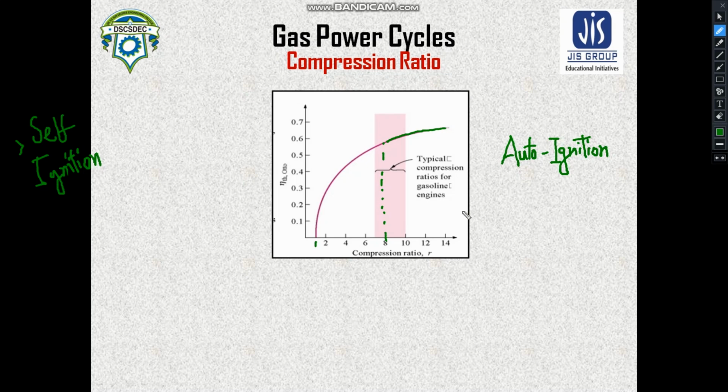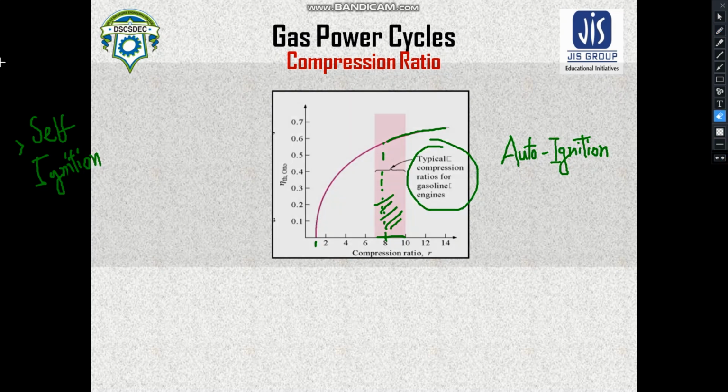Generally, tetraethyl lead was used as an anti-knocking agent, but due to the polluting effect of lead, nowadays it is not used. So this is the phenomenon of auto ignition and knocking. And for gasoline engines, the typical compression ratio is 8 to 10, where an anti-knocking agent is used.